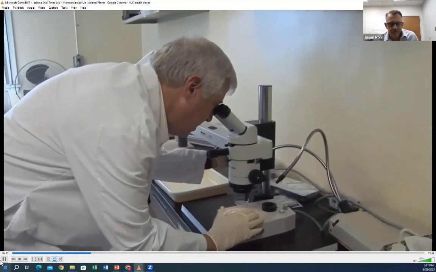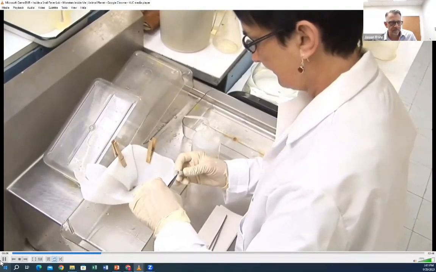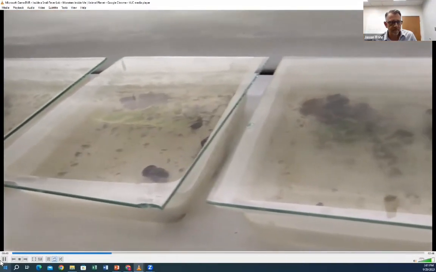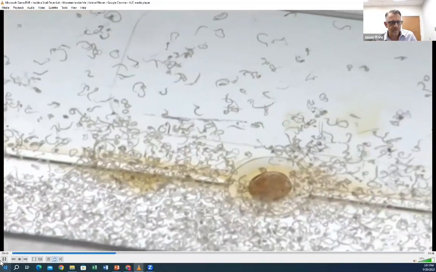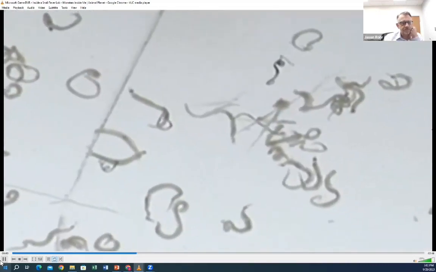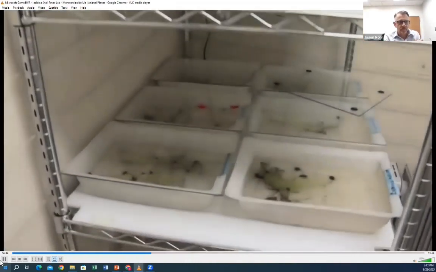Dr. Fred Lewis's lab is ground zero for research on the parasitic worms that cause schistosomiasis. They're funded by the NIH to provide samples of the parasite to researchers around the globe. We collected these today from a number of mice, and people will use these for various vaccine antigens to test their vaccines.